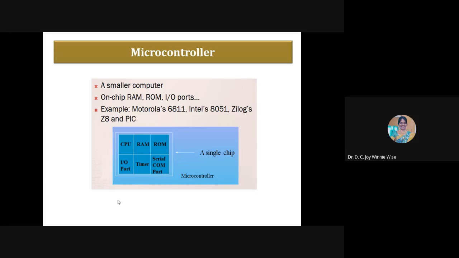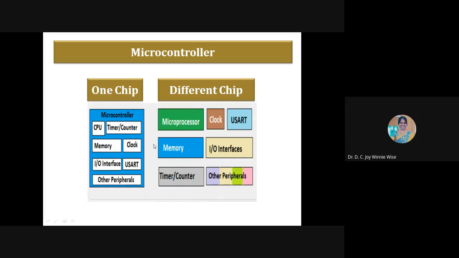So this is a simple diagram of a microcontroller. A single chip will contain the CPU, RAM, ROM, IO port, a timer, and a serial component. Everything will be built in a single chip. This is a microcontroller. And when you go for the microprocessor, it will be a separate chip.